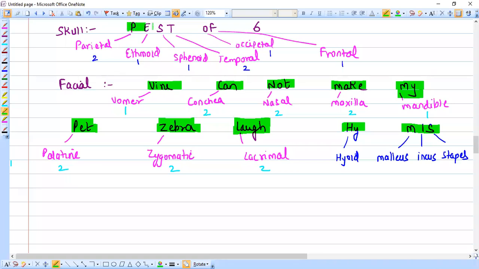For skull, remember this PEST of 6, where P stands for parietal, E stands for ethmoid, S stands for sphenoid, T is for temporal, O for occipital, and F for frontal. So like this you can remember all the bones of the skull.